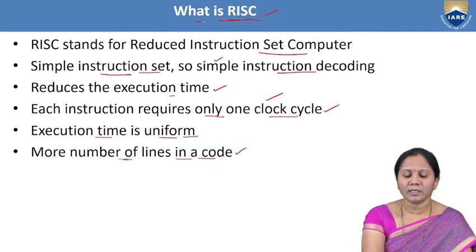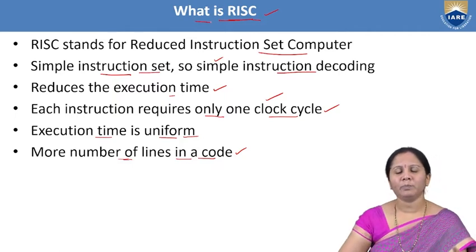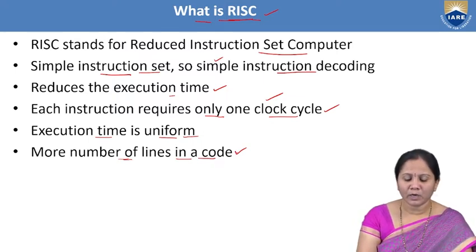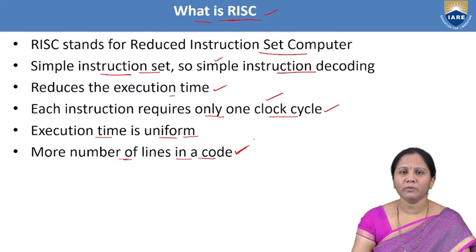Since the instruction set is very simple, to perform, for example, an 8-bit operation, you cannot directly use one instruction. We have to use different instructions: first load the operands, then perform the operation, then store the result. To write these many instructions, automatically the code consists of more number of lines.